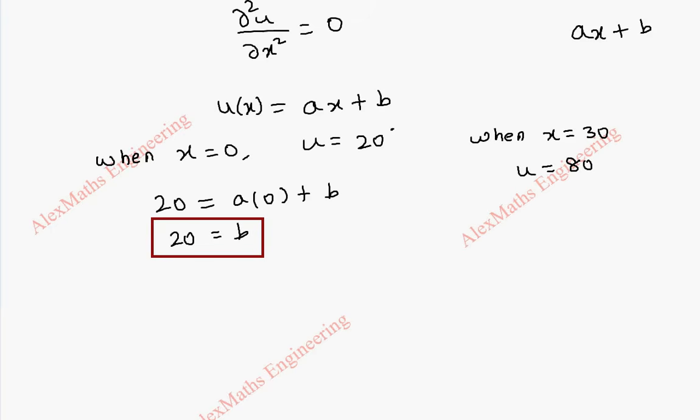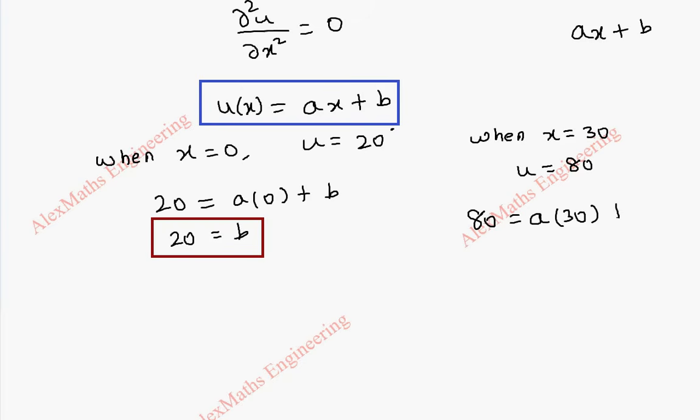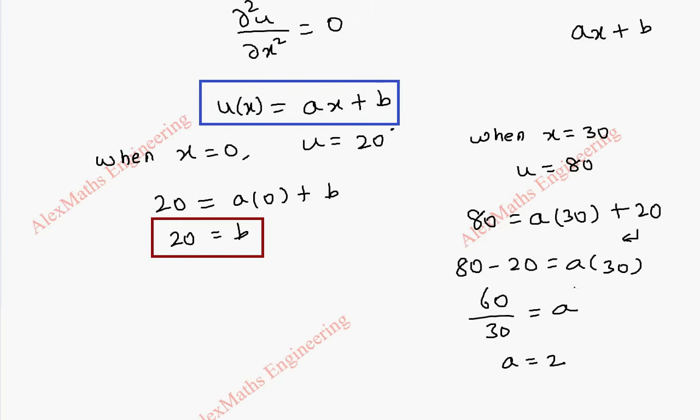If I substitute that in our solution, u of x is equal to ax plus b, we get 80 equal to a into 30 plus 20. We can take 20 to the other side. So 80 minus 20 equal to a into 30. So this is 60 and 30 will come down as a division and that will be our a. So finally a is 2. So we got a and b.